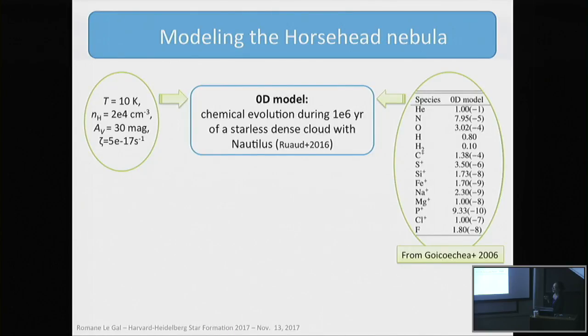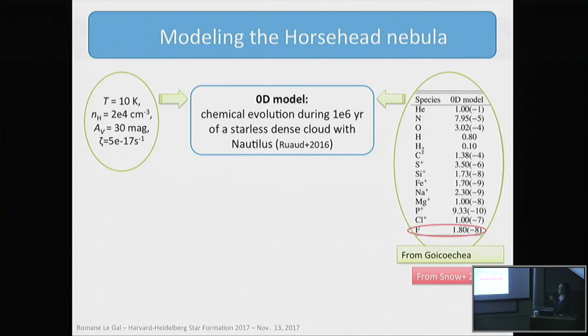We use this value specifically because it was constrained by previous observations, from Goicoechea et al. 2006.